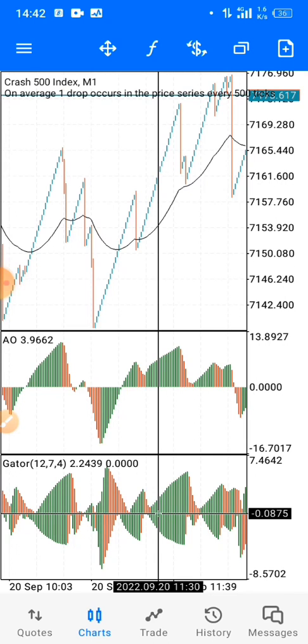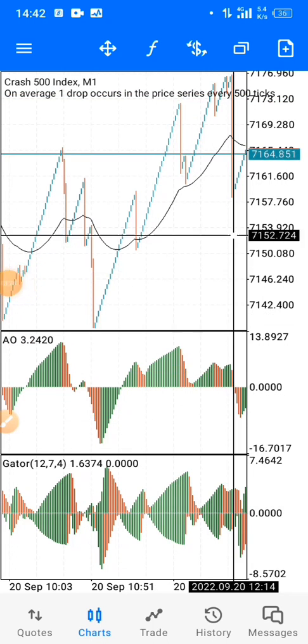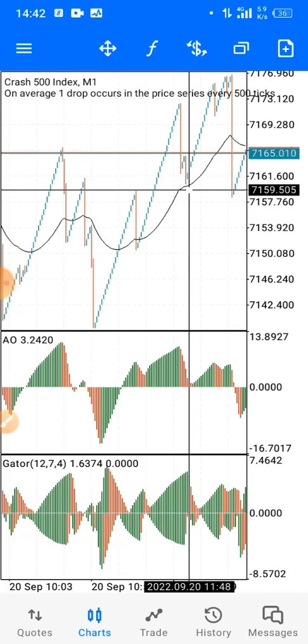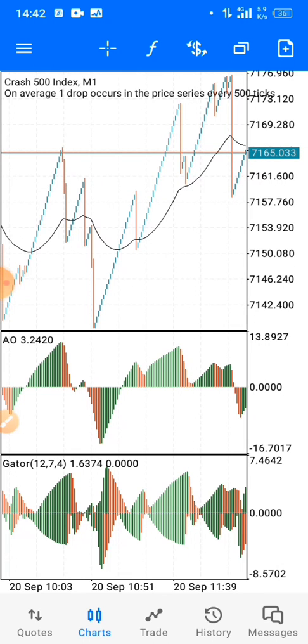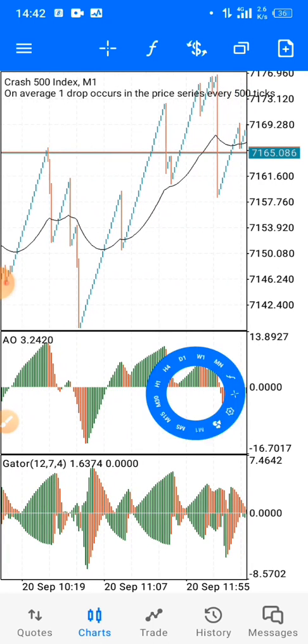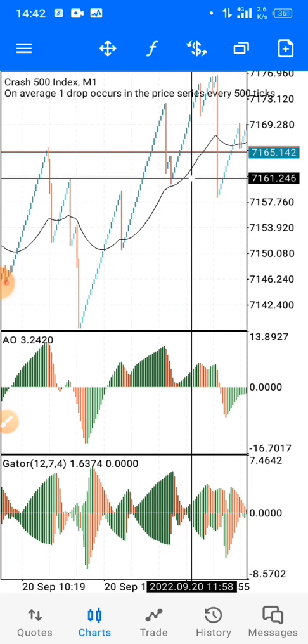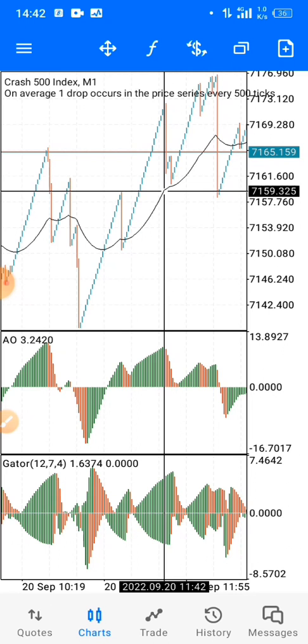In this strategy, we are going to be using the aid of the black moving average, the 50 moving average. For Crash we are buying, so we are only buying when the small candlesticks are above the black moving average, which is the 50 moving average.